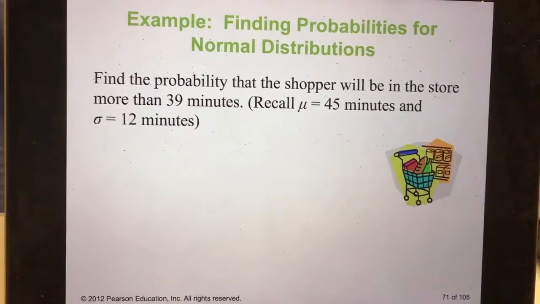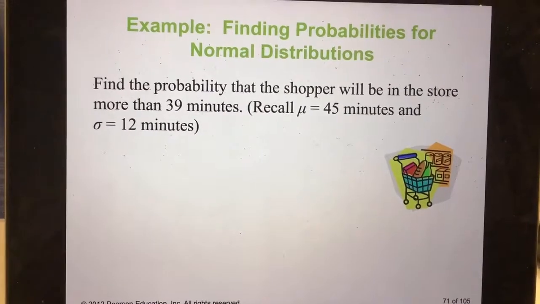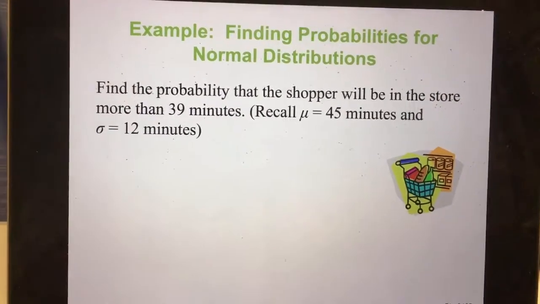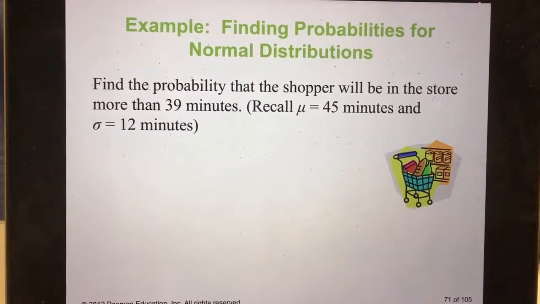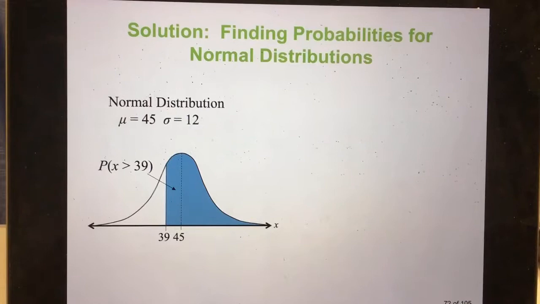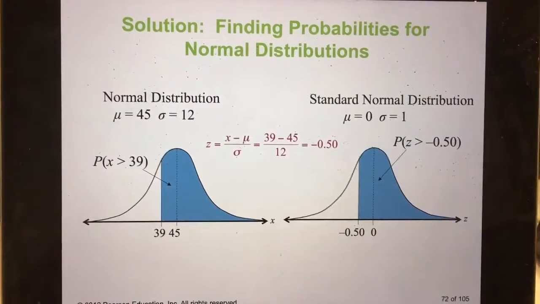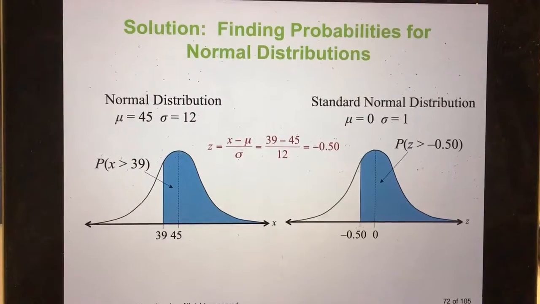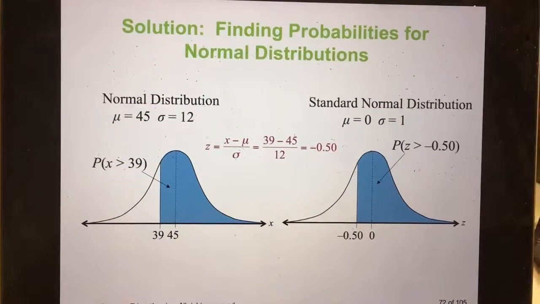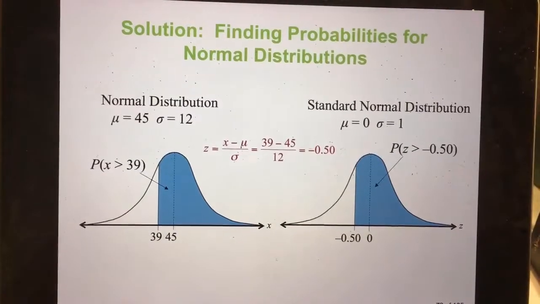Okay, it says find the probability that the shopper will be in the store more than 39 minutes. So now we're going to have to do a 1 minus, aren't we? We're going to look up 39 as our x. The z-score that goes with it is negative 0.50. We're going to figure out the probability greater than by doing 1 minus the probability less than.